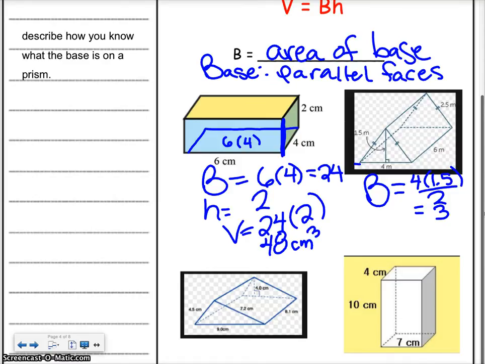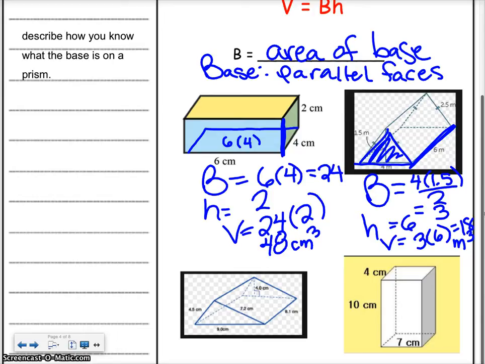That gave me that area. Now I need to go all the way to the top. My height connects my bases, that's 6. So my volume is 3 times 6, 18 cubic meters.